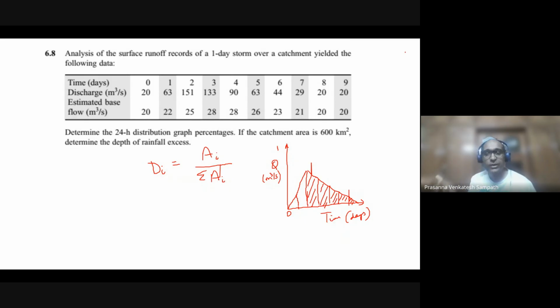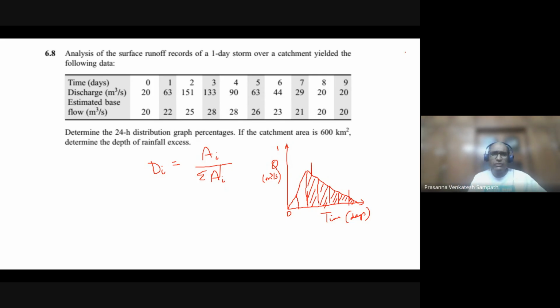Now in this case I'm saying 24 hours, but it could be any duration. It could be a 60-hour duration, which I break up into 5-hour intervals or whatever it may be. So the distribution graph simply gives us the percentage contribution from each time interval over the entire duration of the runoff that is being produced.